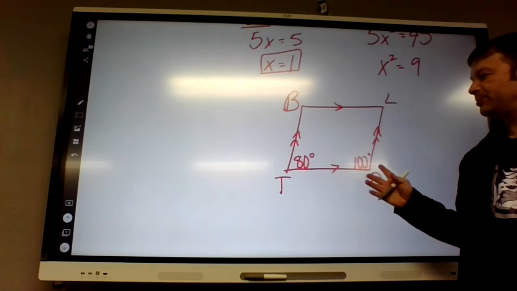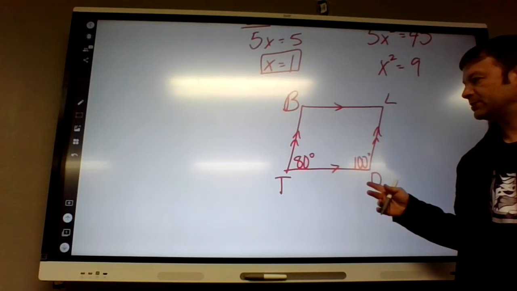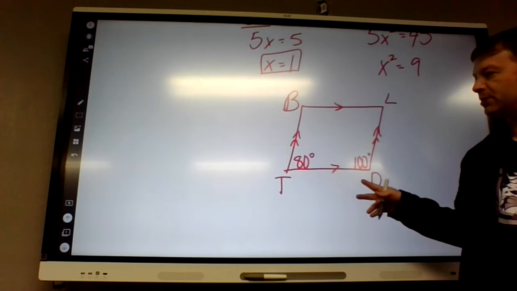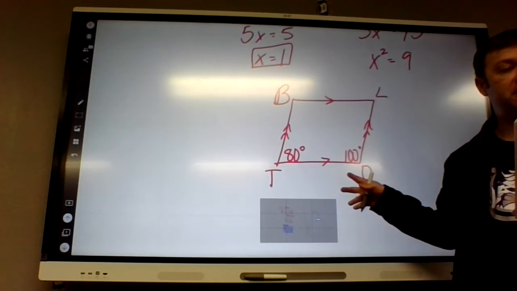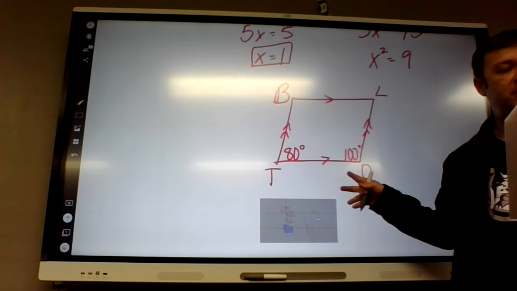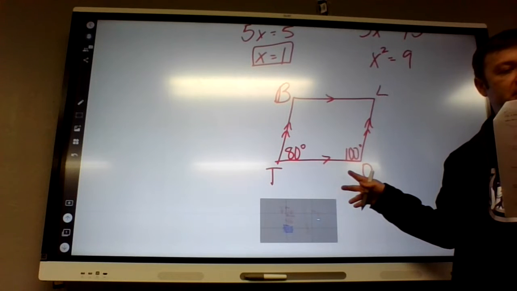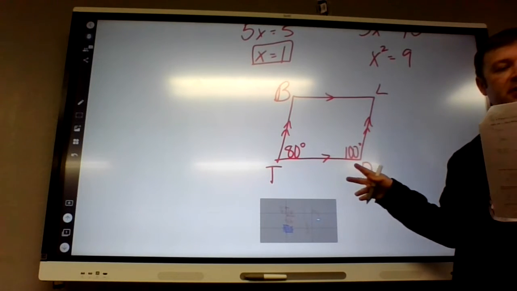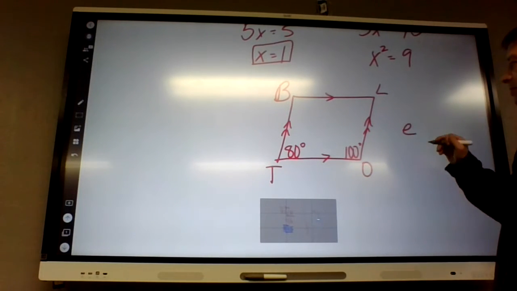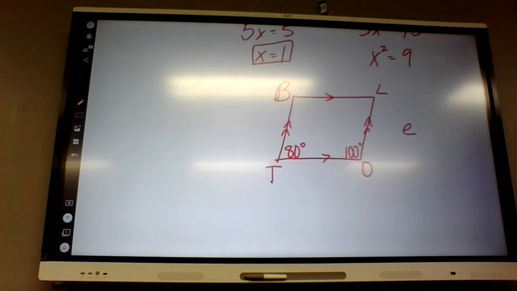So, how do I know this is a parallelogram? Opposite sides are parallel, which option is that? E. Both pairs of opposite sides are parallel. Are we gonna use all of them? Probably not.